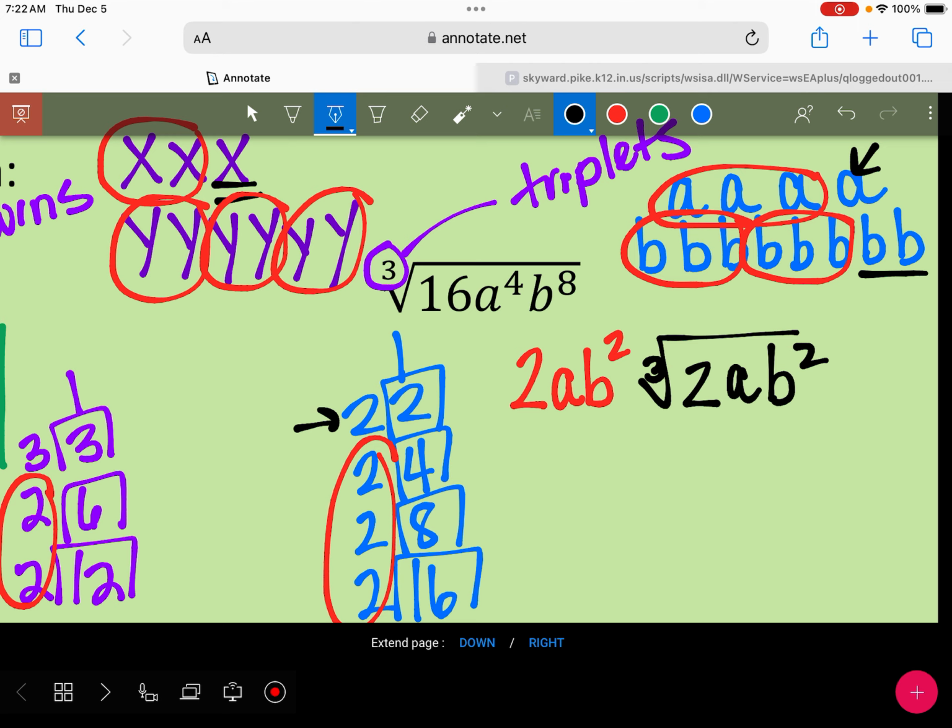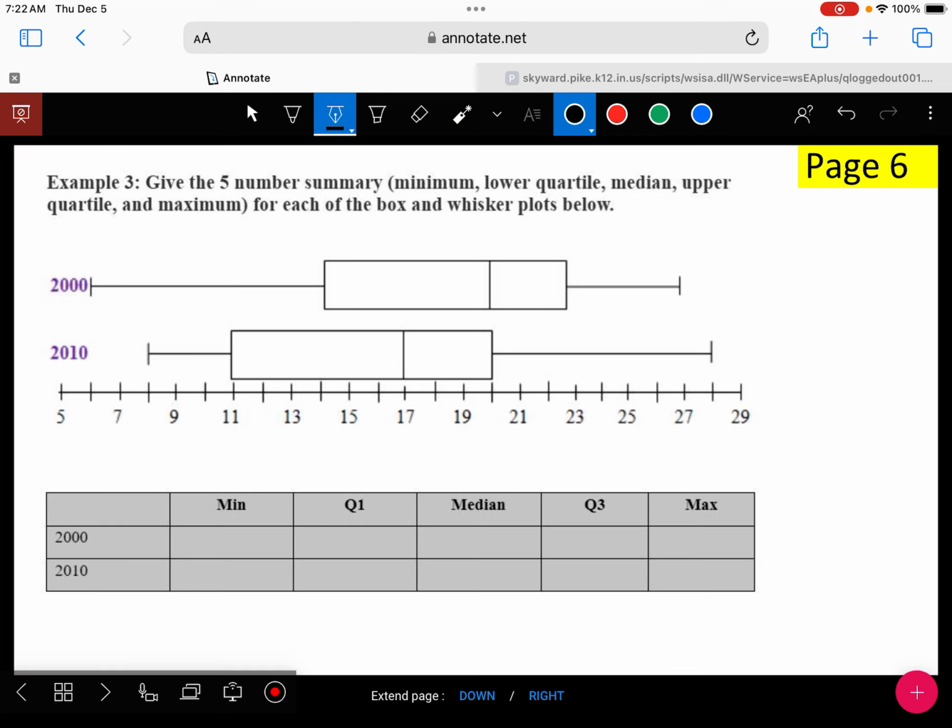All right, let's go ahead and finish out our notes. So we have 2 different box and whisker plots. Let's go ahead.